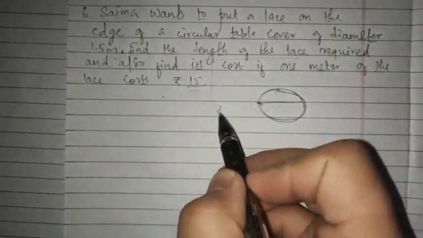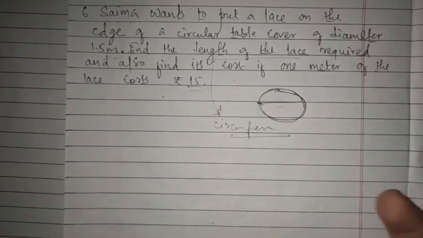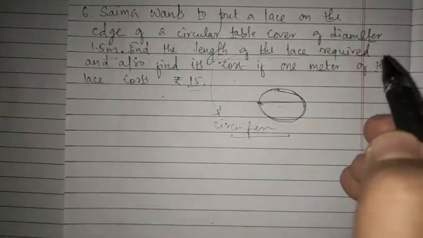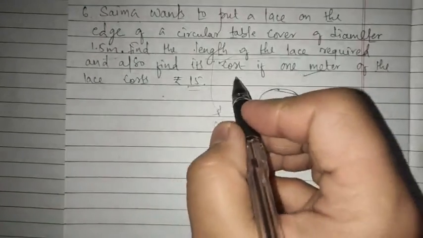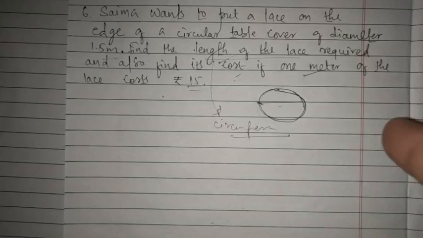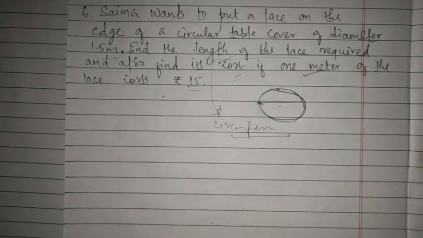Length means you have to find the circumference, right? So you know the formula of circumference. After finding the circumference, you will get the length. Now you will find the cost of that length of lace. So you will try it yourself.